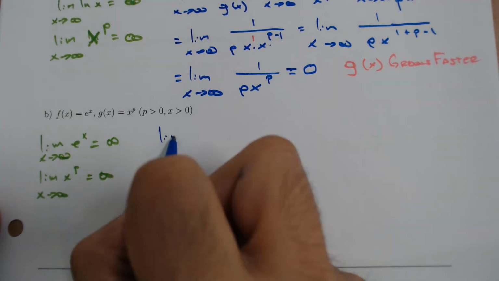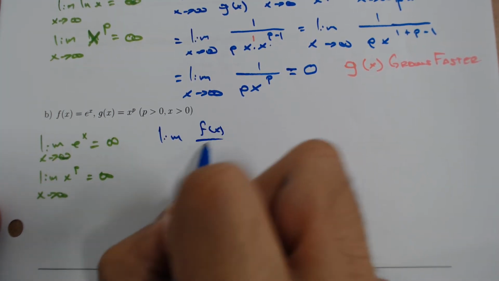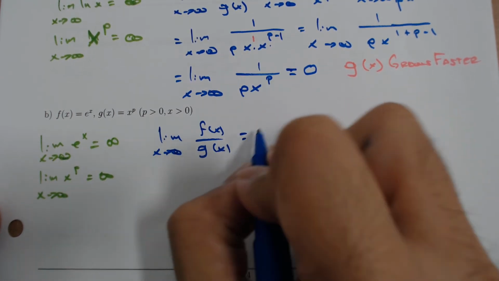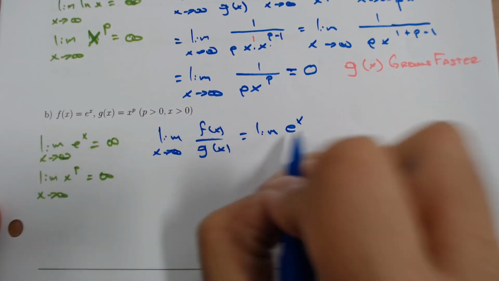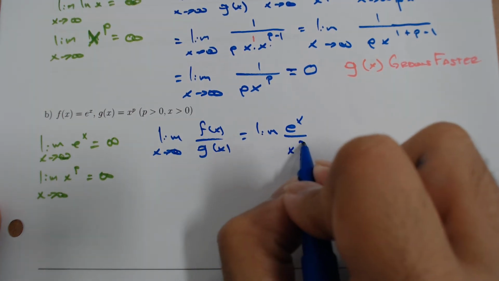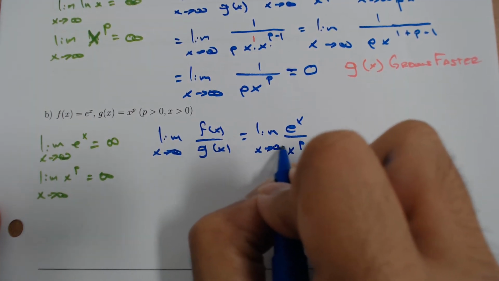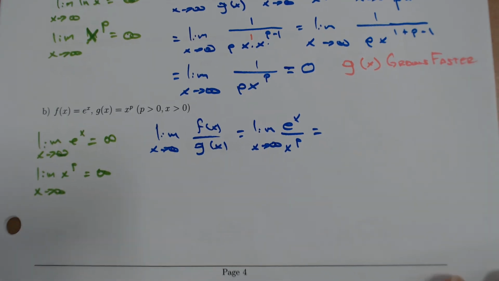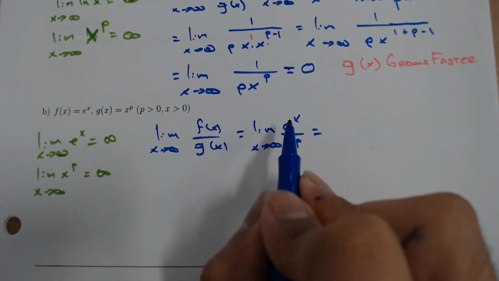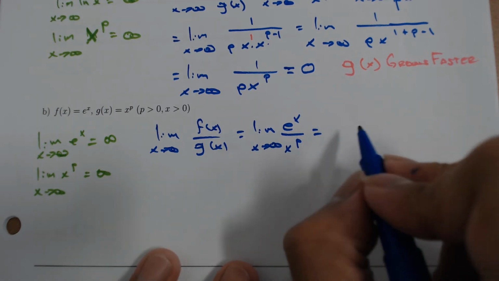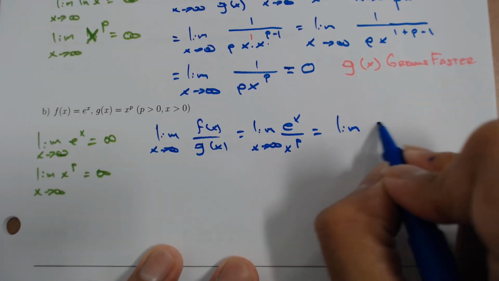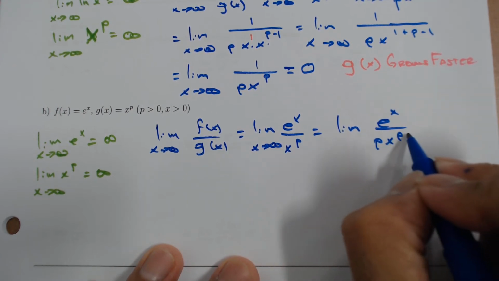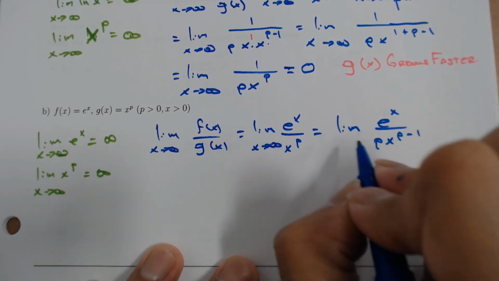Limit f of x over g of x, and that's the limit e to the x over x to the p as x approaches infinity. All right? So what's going to happen here? Well, L'Hopital's rule again. The derivative of e to the x, which is itself e to the x, and px to the p minus 1.